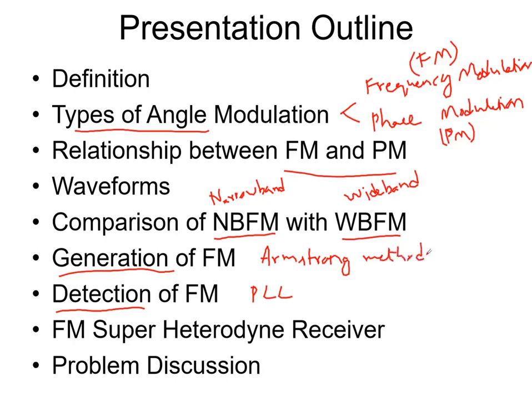Then the FM superheterodyne receiver, where you will be studying how you are able to receive the signals, why it is a superheterodyne receiver, what are the intermediate frequencies for the FM, maybe roughly around 10.7 megahertz. Okay, then what are the other things and what kind of problems may be coming to you maybe in your GATE or some engineering services examinations related to communication stream. These are all the things we are going to discuss for today's class.